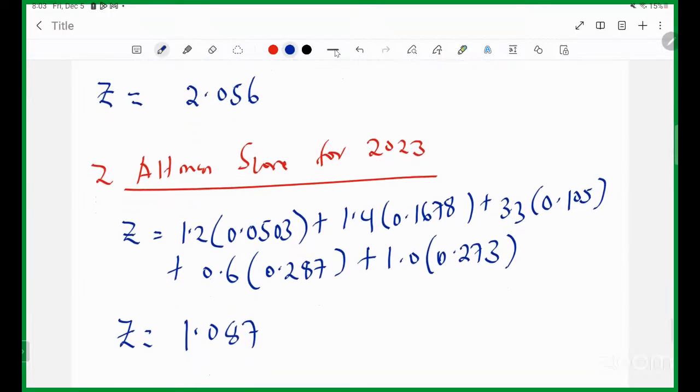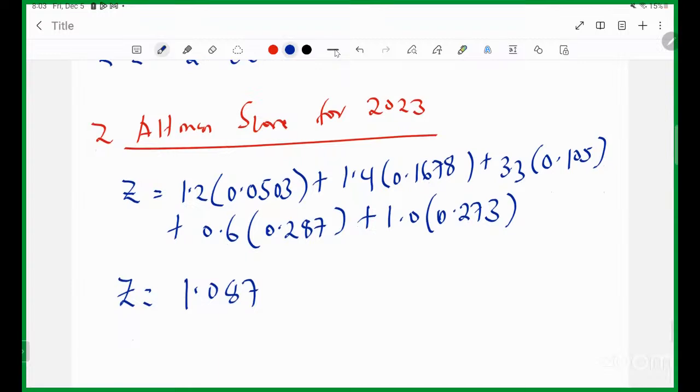What does that indicate? Financial distress. Have they moved from the gray zone to the distress? Yes. That's what the examiner wanted you to say. They are moving from a gray zone to a distress zone.